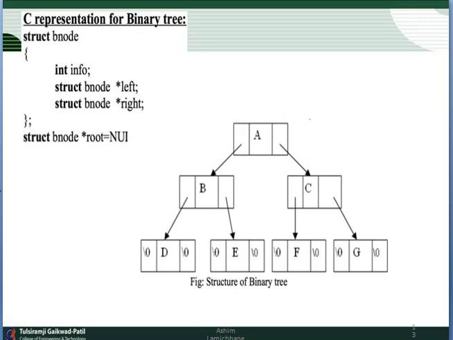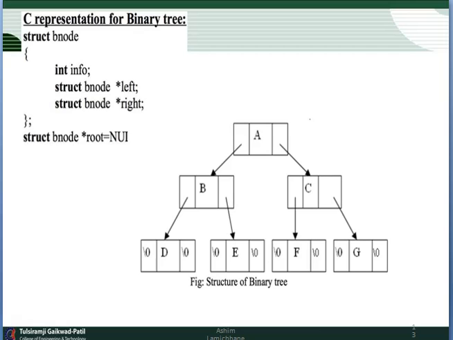Look at the diagram here. A has two children, B and C, and B again has two children, D and E. C has two children, one on the left hand side and another on the right hand side. We can say this is a complete binary tree, or we can also say it is a binary tree as well.